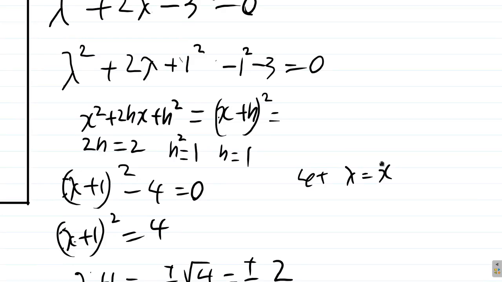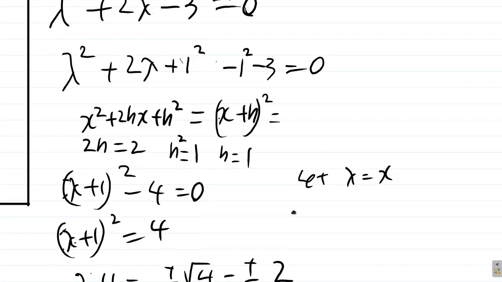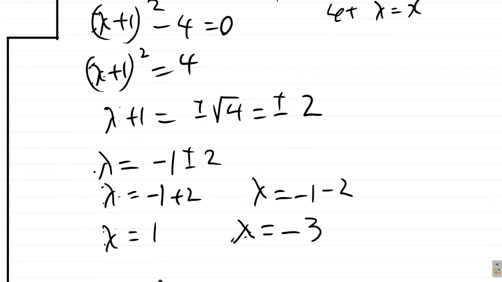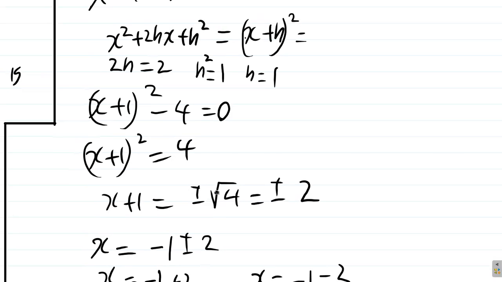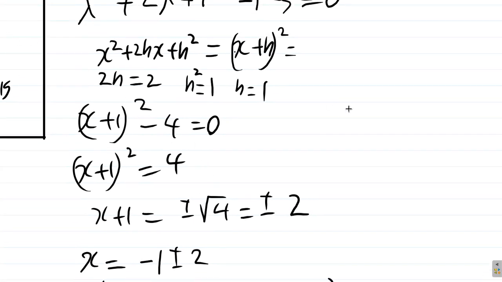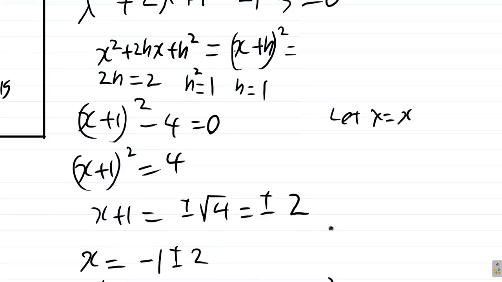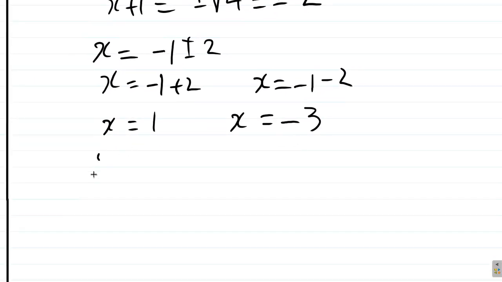So you would need to erase all of these. Alright? So what you could do, if you are so accustomed to using x like I am, is say let lambda equal x temporarily. I say therefore the answer is lambda equal 1 and lambda equal negative 3. Alright.